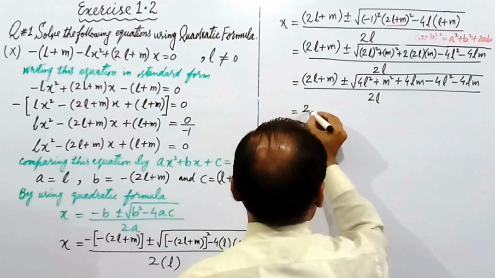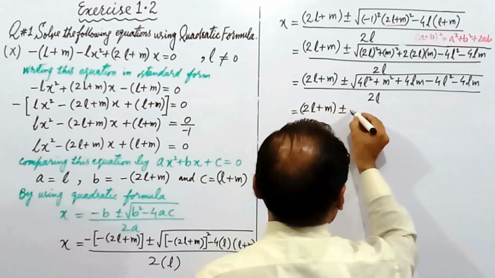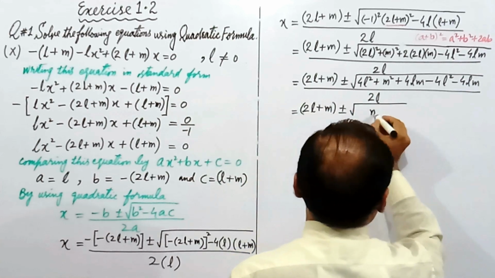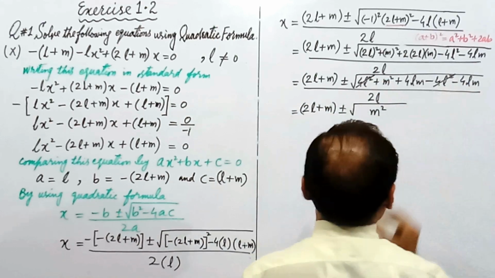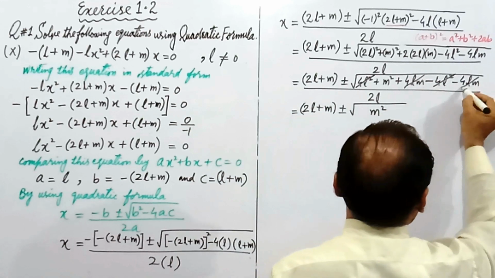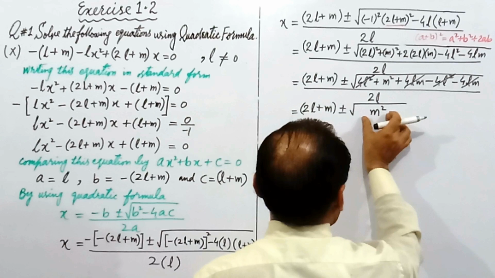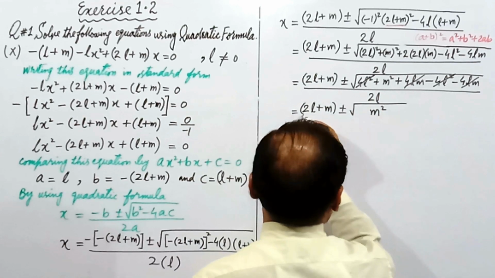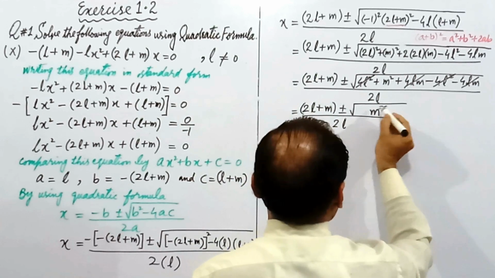In the next step, 2L plus m plus minus under root m square. Why? Because the 4L squares are like terms having different signs, so they cancel, as well as the 4Lm terms are like terms, they are also cancelled. We have m square in radical sign divided by 2L. Square is cancelled by square root.